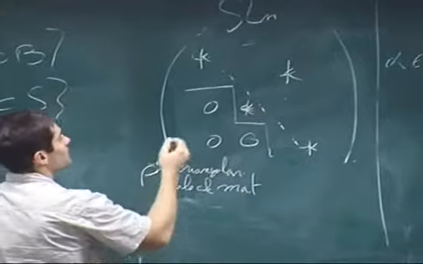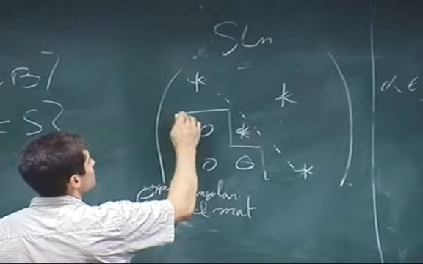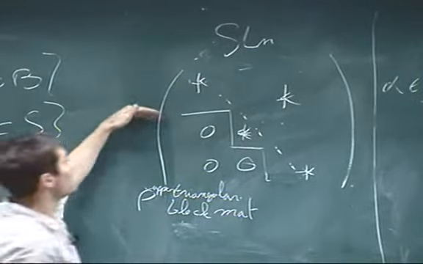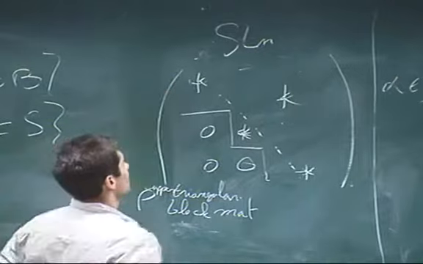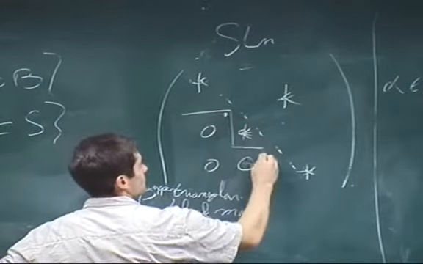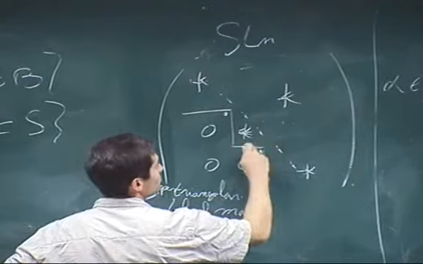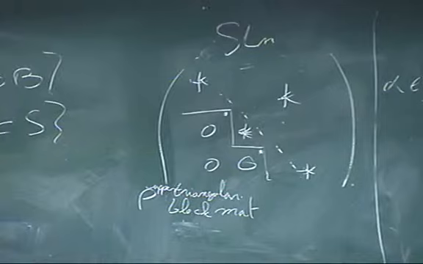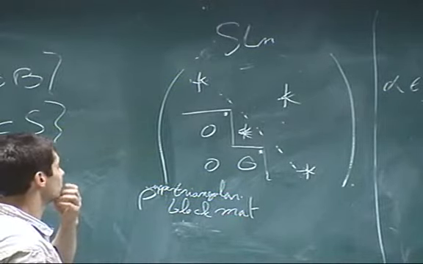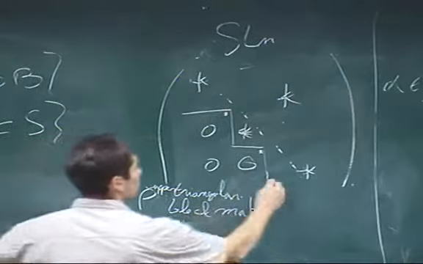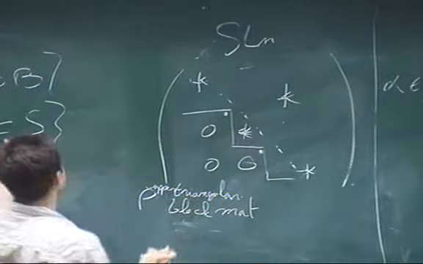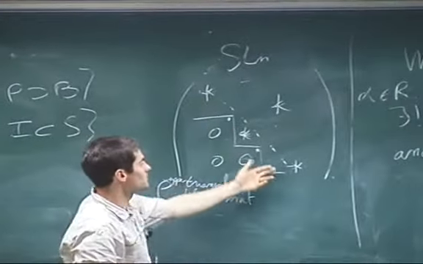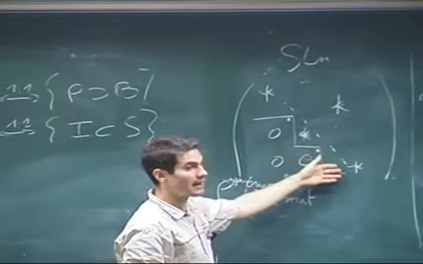And you can see that, looking at the moments where you have a step on the diagonal, this defines a subset of the simple roots, because the simple roots are alpha_1 to alpha_{n-1}.